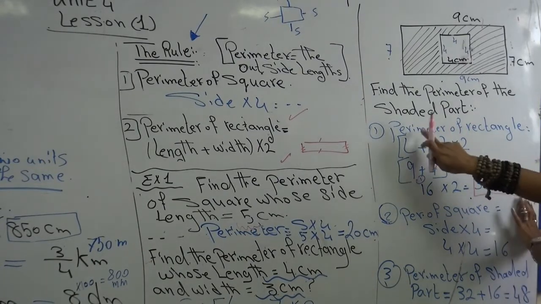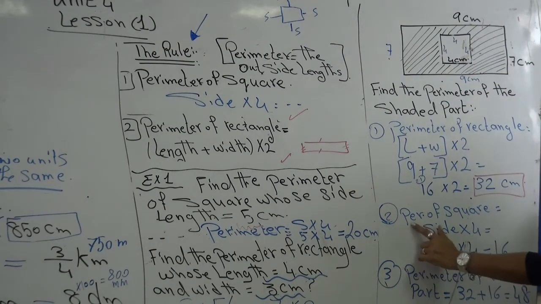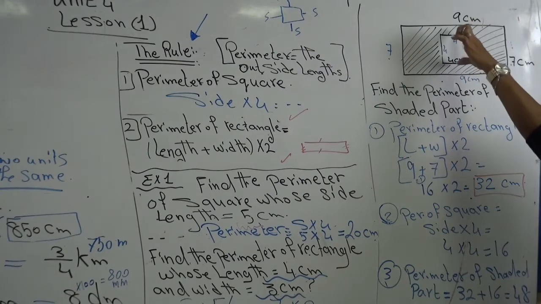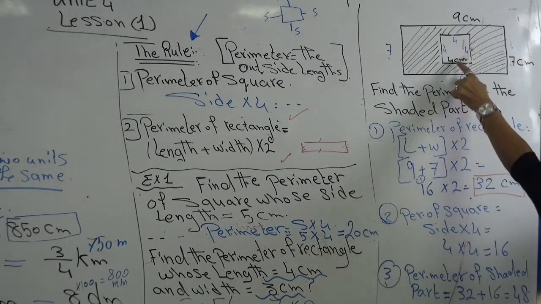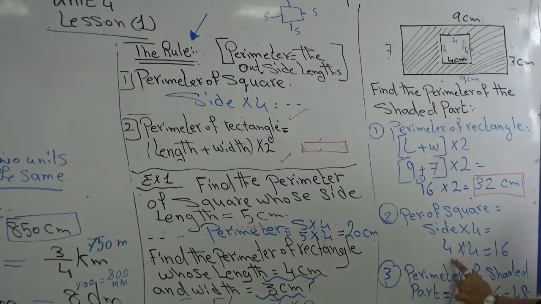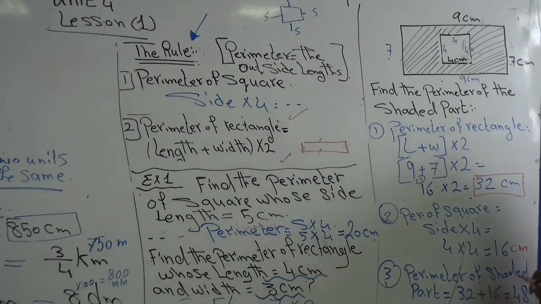This is step number 1, perimeter of rectangle. Step number 2, to get the perimeter of a square. Perimeter of a square equals side multiplying by 4. My side here is 4, so it will be 4 times 4 equals 16 centimeter. The last step, and this is the very important step, the perimeter of the shaded part.